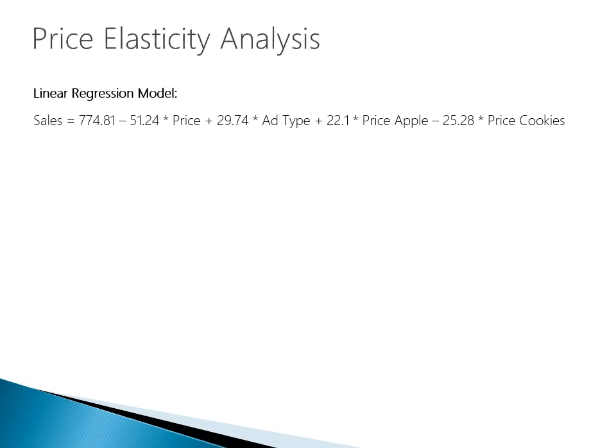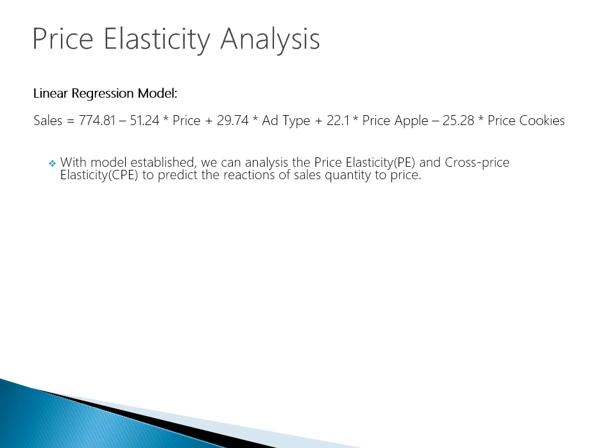Sales is equal to 774.81 minus 51.24 times price plus 29.74 times ad type plus 22.1 times the price of apple minus 25.28 times the price of cookies.